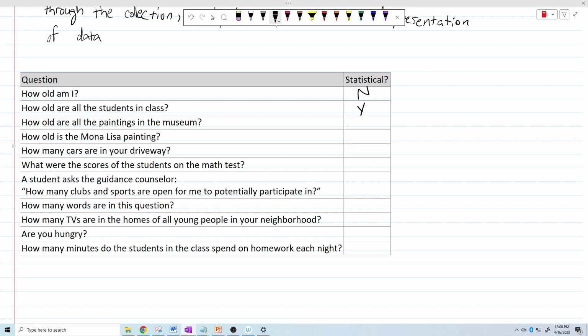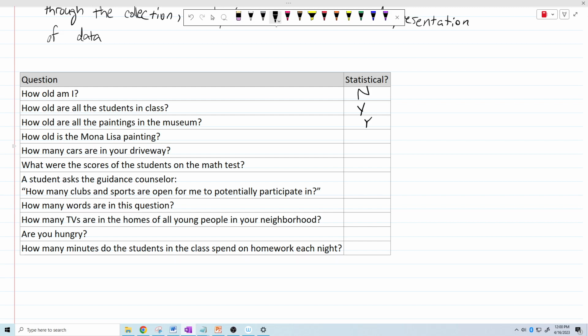How old are all the paintings in a museum? Well, a museum has lots of different paintings, from Renaissance times to modern times to even more ancient times. That should give you the intuitive sense that depending on the particular painting in the museum, there will be some variation in answering that question.